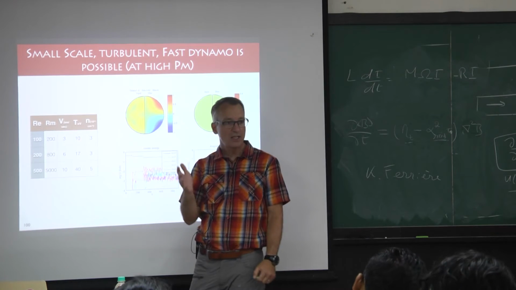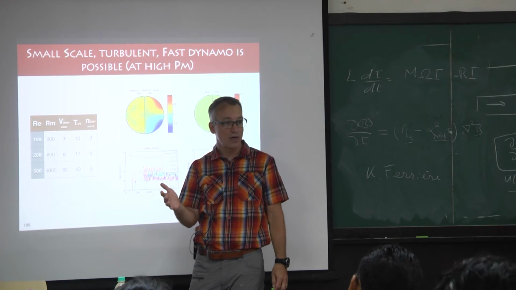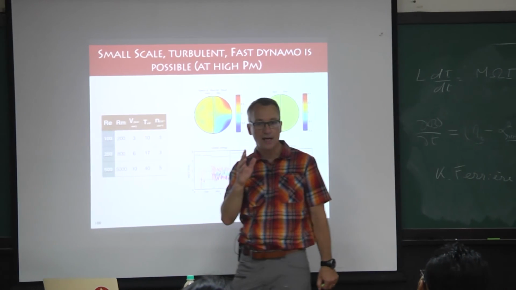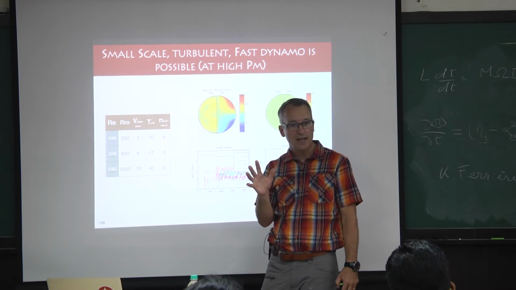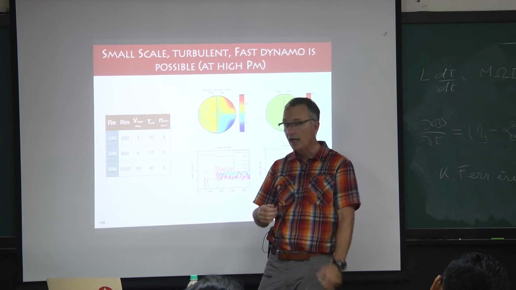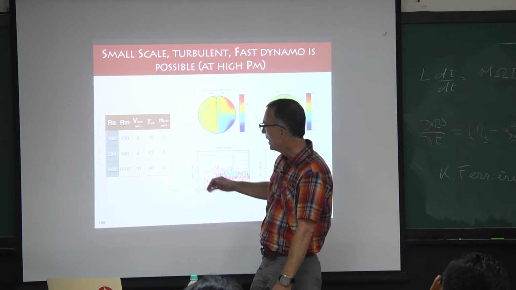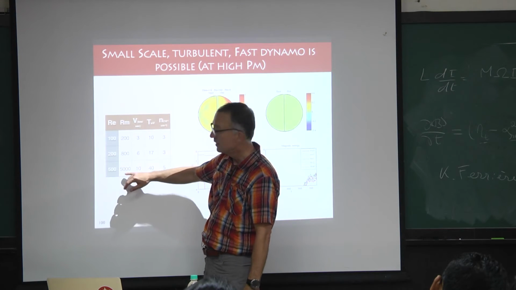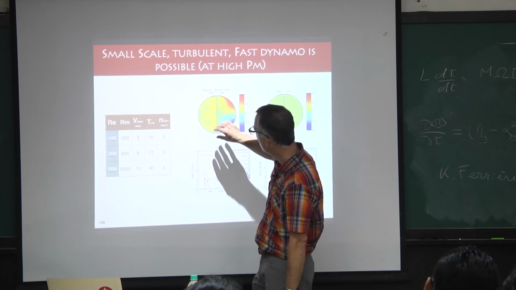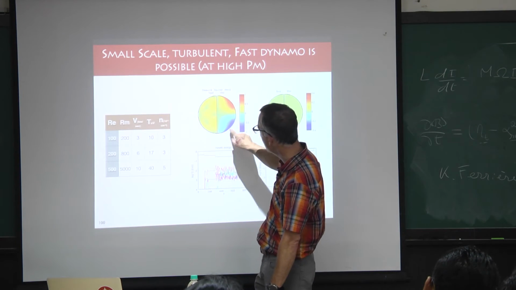So we talked about fast dynamos and slow dynamos at the beginning, and I made the point that in order to make a fast dynamo, we need a fluctuation-driven one. We want chaotic flows, and you can do that with turbulence. And it's most efficiently done if you have a high magnetic Prandtl number. So this is going to be a simulation where I show how we stir at the edge.